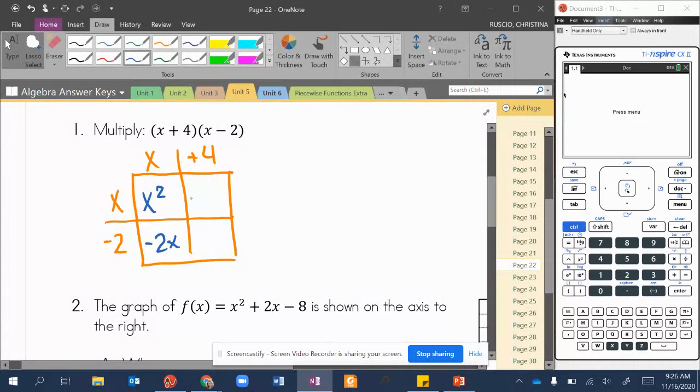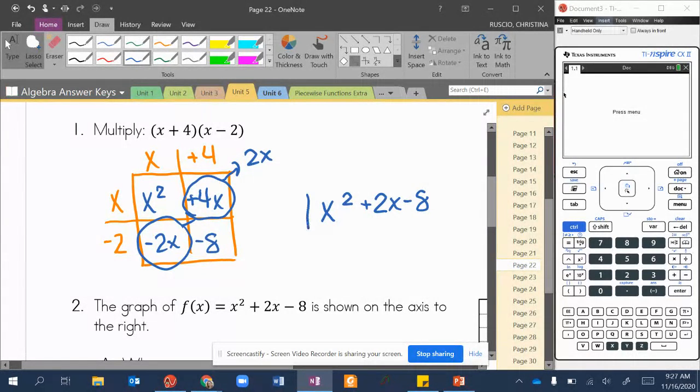We're going to get a minus 2x plus 4x, and a negative 2 times a positive 4 is a negative 8. Here are my like terms, and I end up getting 2x. So if I multiply these out, I end up with this trinomial x squared plus 2x minus 8.